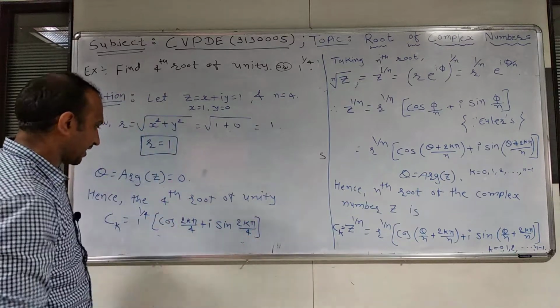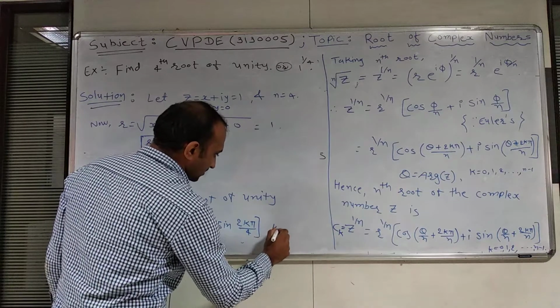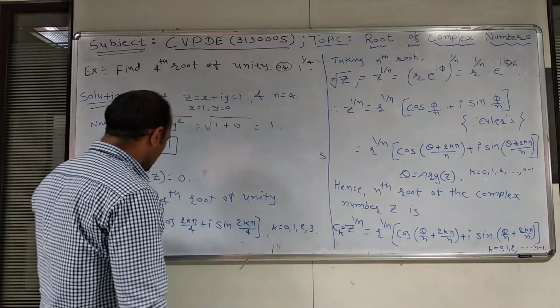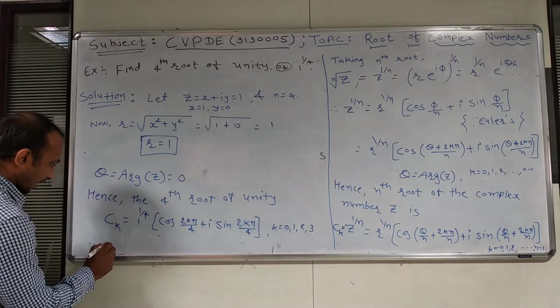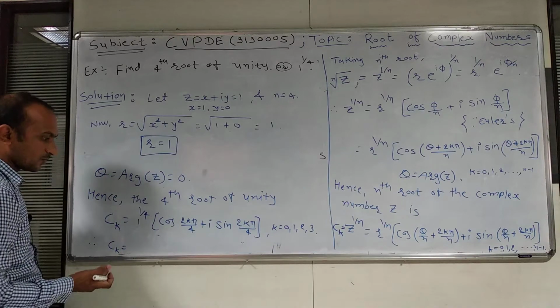Now what is k? n is 4, so k is running from 0, 1, 2 and 3, because we need 4 roots.